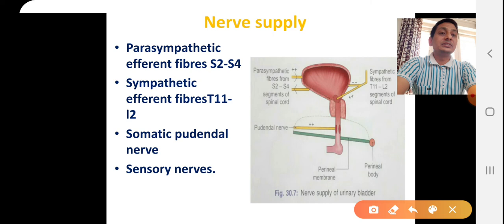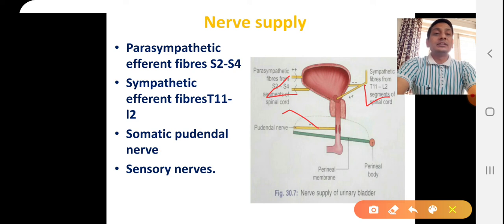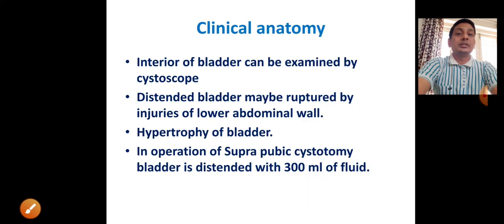Here we see the sympathetic nerve supply from T11 to L2, and the parasympathetic supply from S2 to S4, and also the somatic pudendal nerve. These are the nerve supply of the urinary bladder: parasympathetic from S2 to S4, sympathetic from T11 to L2, somatic pudendal nerve, and sensory nerve.